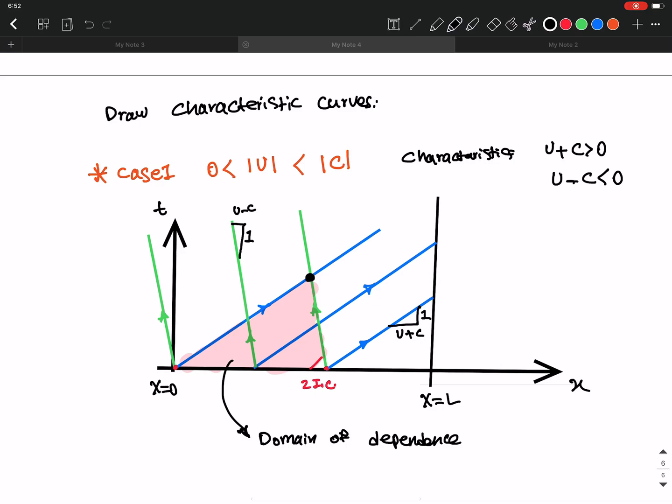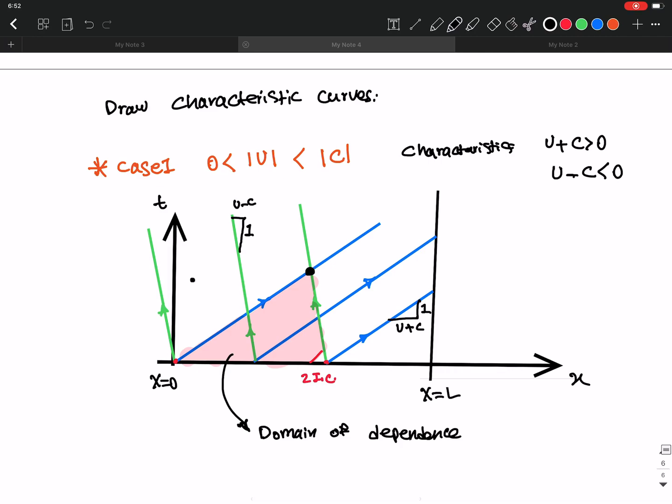Okay, and here you can have some region where, for example, if you are in this region, you are not going to get a solution from initial conditions alone. What you are going to get in this space is that you will need one initial condition and one boundary condition. Let's see what this means.